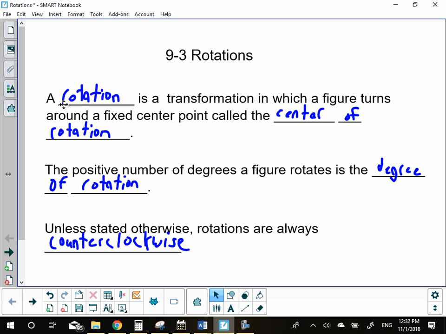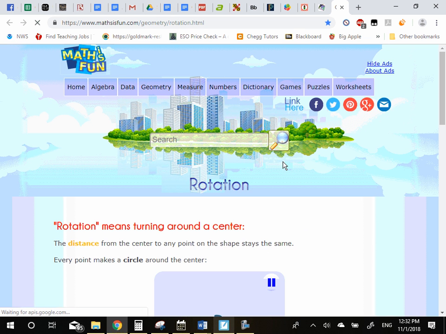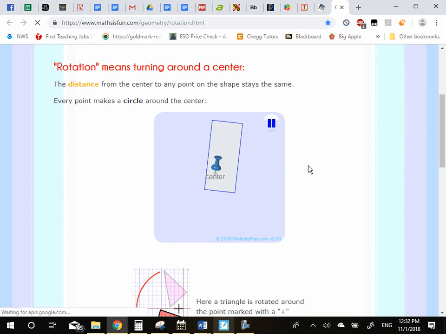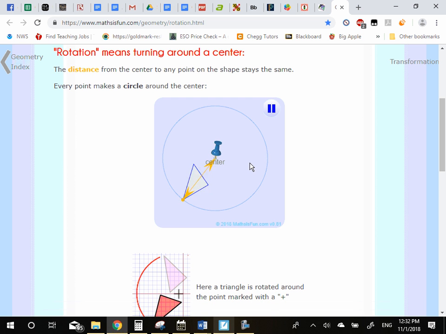Alright. So to give you another more graphical idea of what rotations look like, look at this. Rotations are always going around a circular pattern. How many degrees are in a circle again? 360. So we're going to be going in intervals smaller than 360, positive around. We can always flip it too.